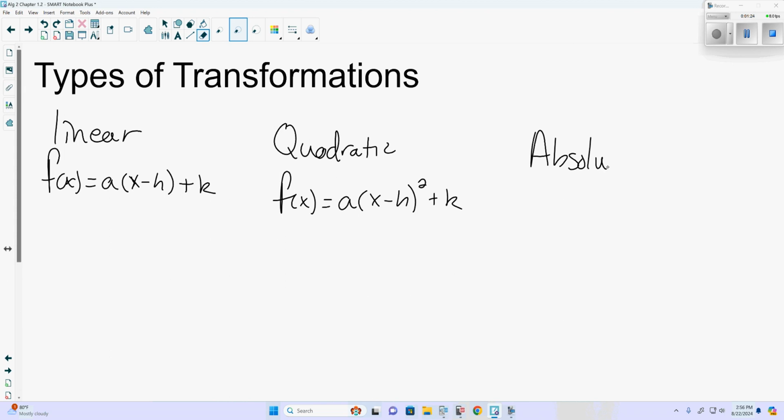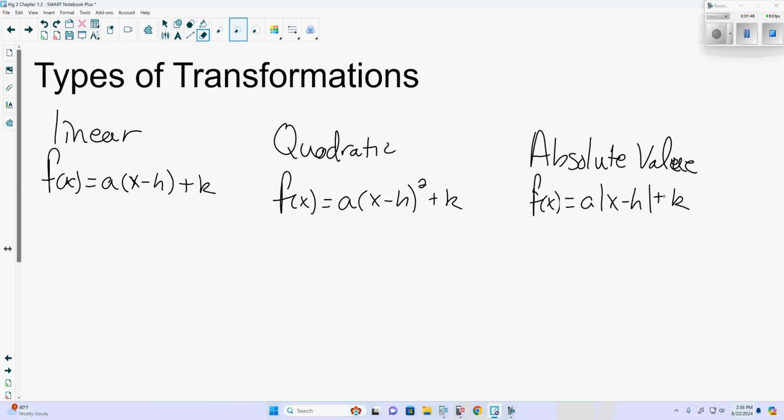An absolute value, f of x equals a times the absolute value of x minus h plus k. So we had these three equations yesterday.